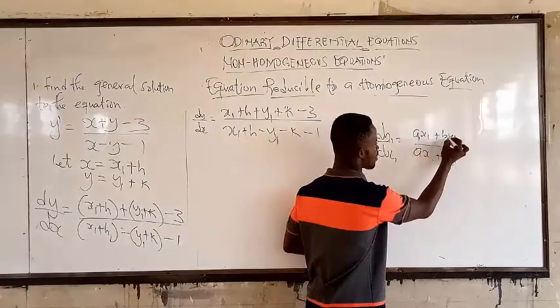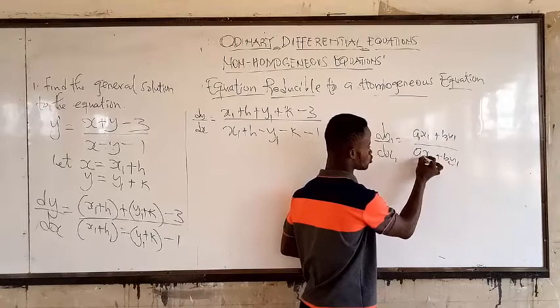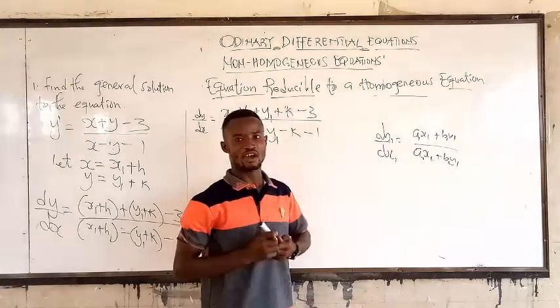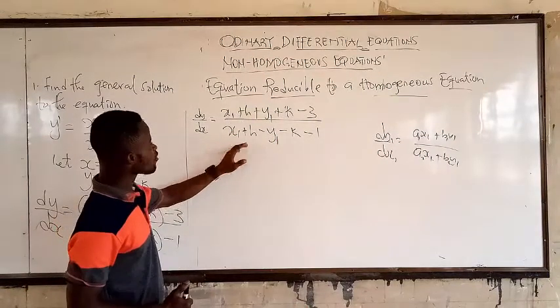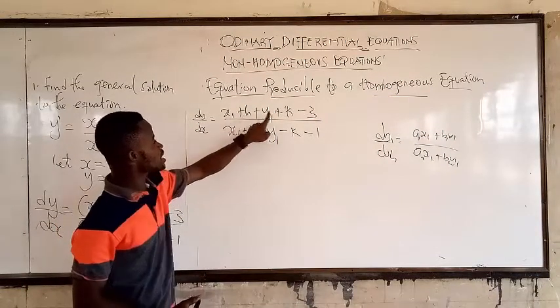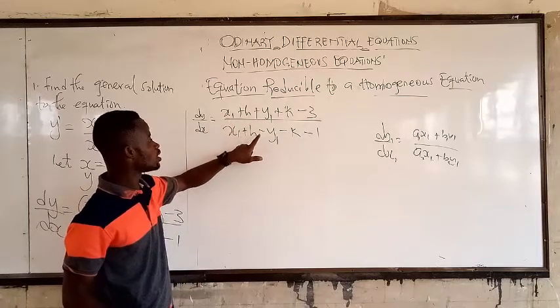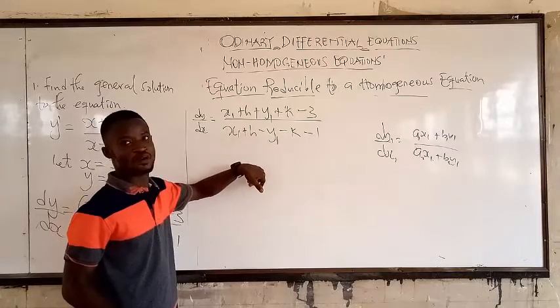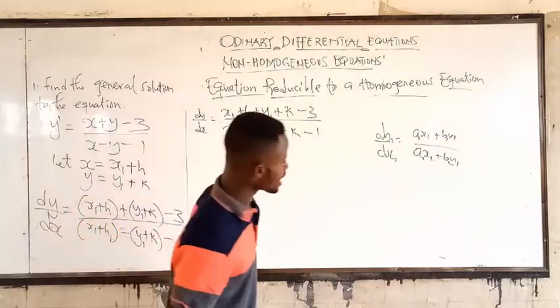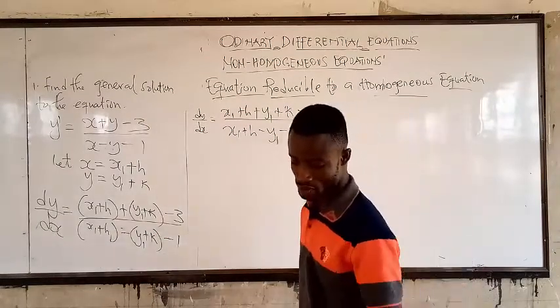This one will be the 1, 1, this one will be the 2, 2. We are saying that we are going to get something like this. That means that we have to bring this to this side so that after the x1, the y1 will come, and after the x1 here, the y1 will come. I hope it's clear. So let's bring it to that form.